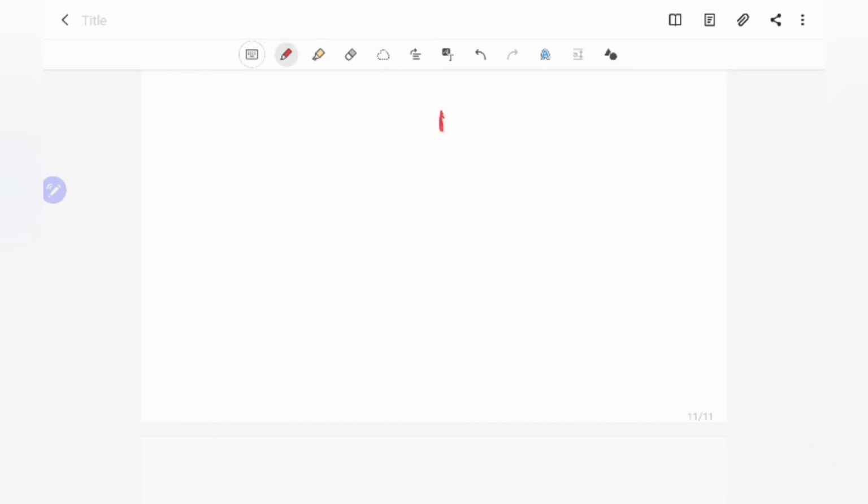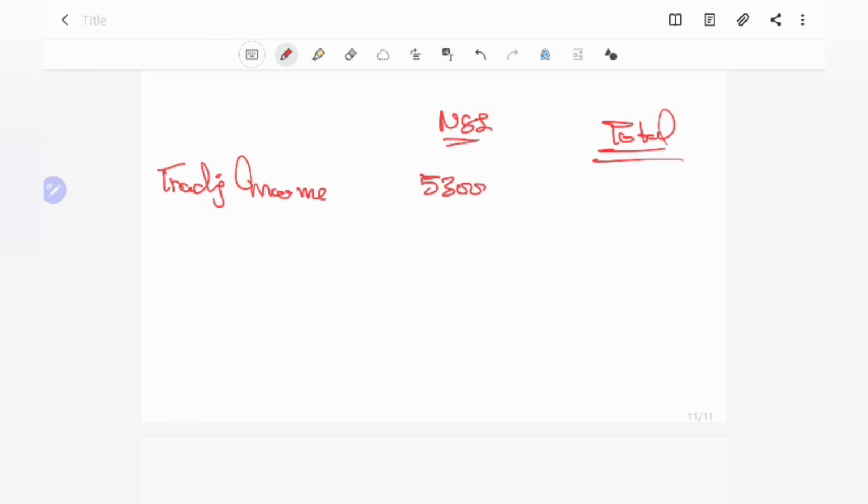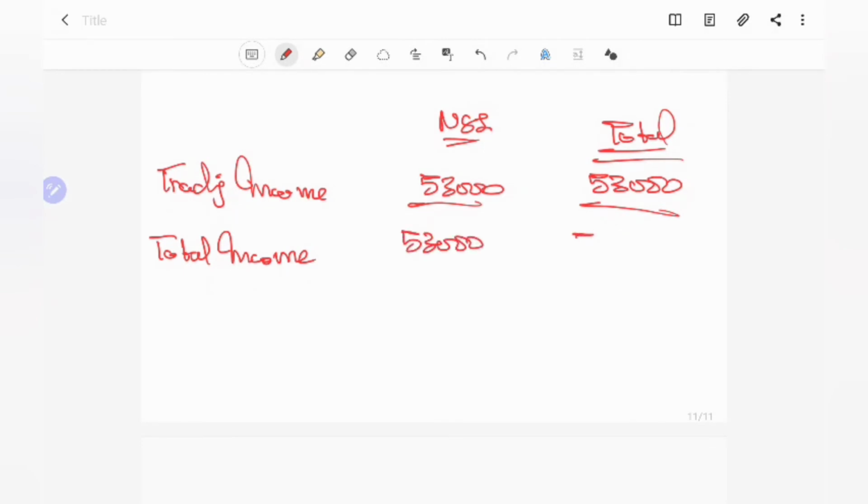How many columns do we have? Non-saving income and total, right? So what is trading? First we have trading income 53,000 and 53,000 again. Then let's do the total of both. Total income 53,000 and 53,000.